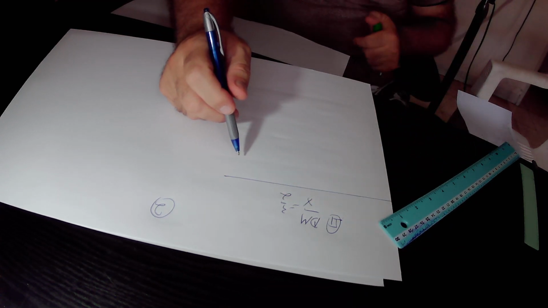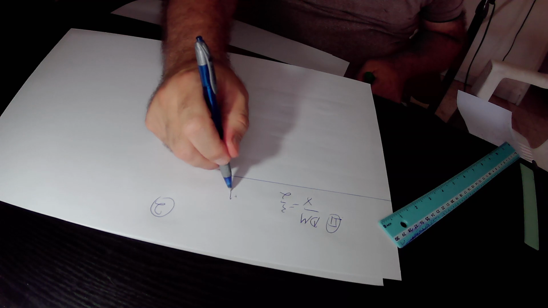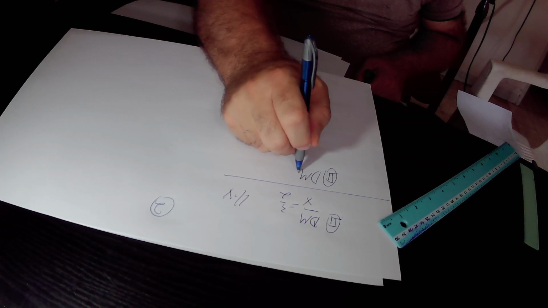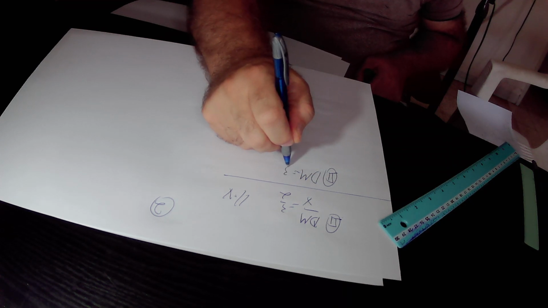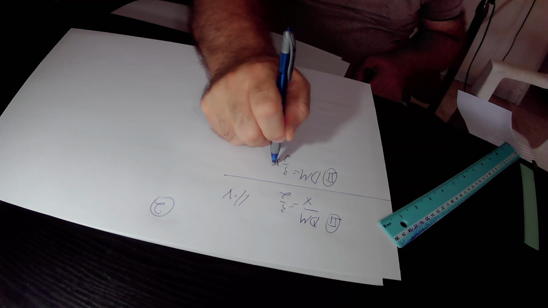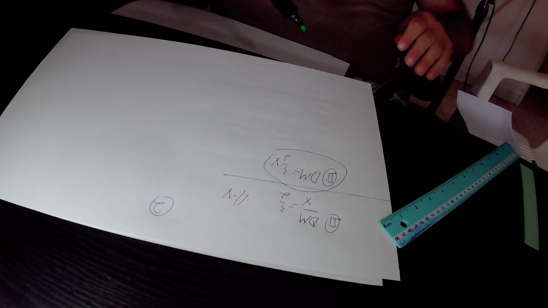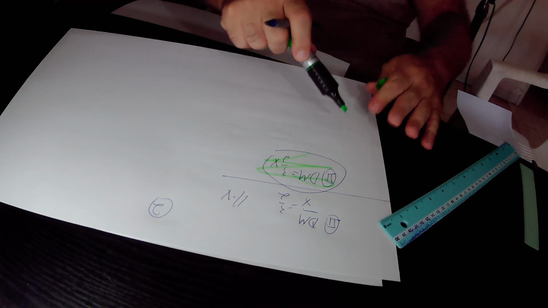Here we multiply this equation by x, and finally we get that DM equals 3/2 times x, which is 3x over 2.